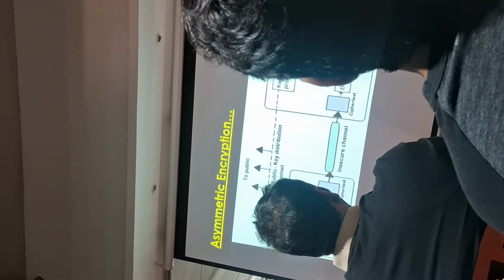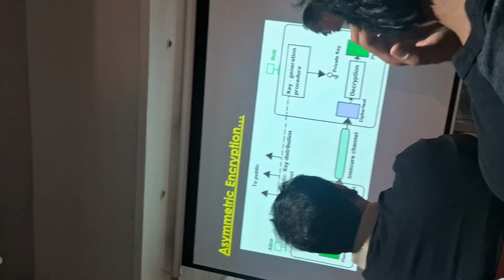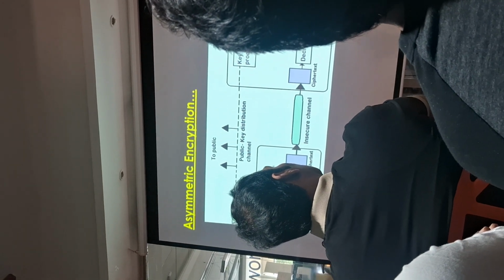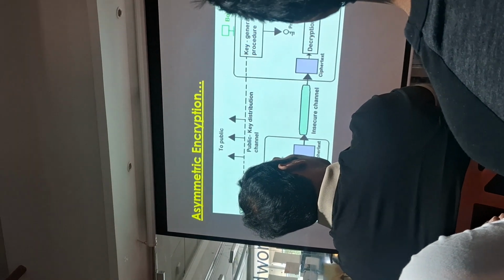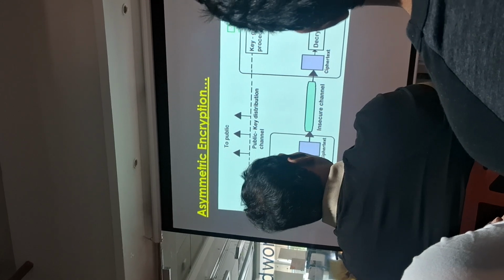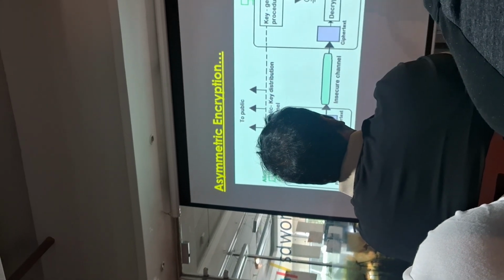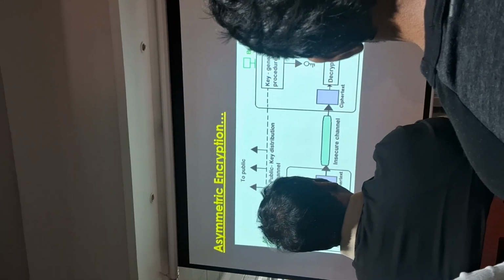Okay, you got a public key, you encrypt the data, and you send it via a secure channel. What does a secure channel mean? Or insecure, I mean, it is normally a TLS layer. If you are calling HTTPS, it is a TLS layer, which is actually secure. But why do we put insecure here normally? What if this layer gets compromised somehow?